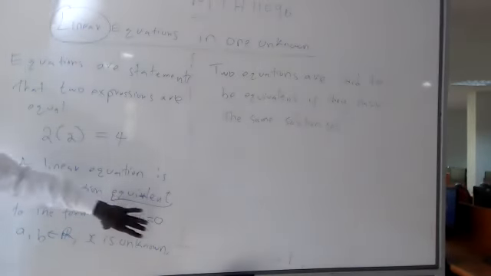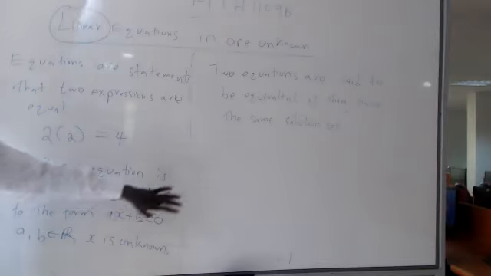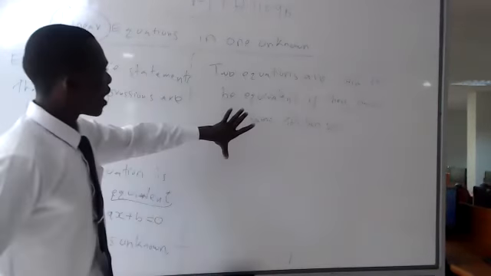So that means any expression which has a similar solution set to this is called a linear equation. And we will refer to equations which have the same solution set as equivalent.